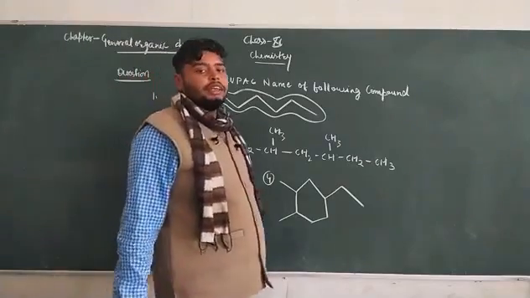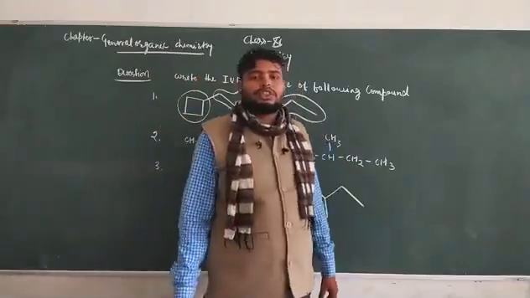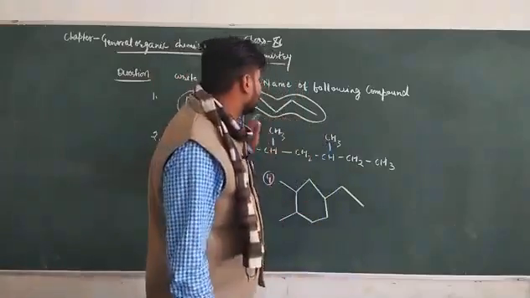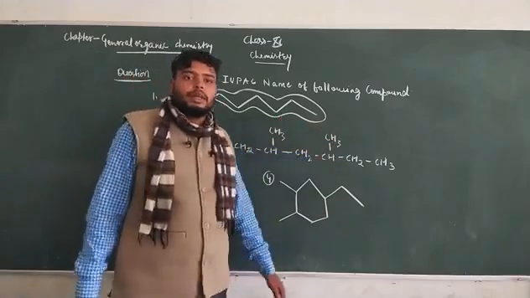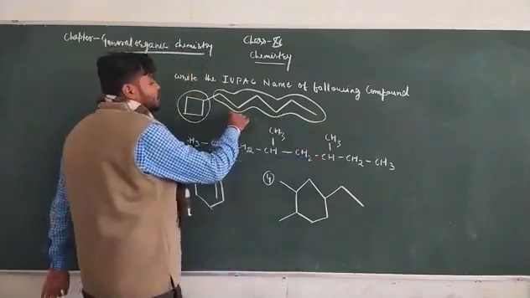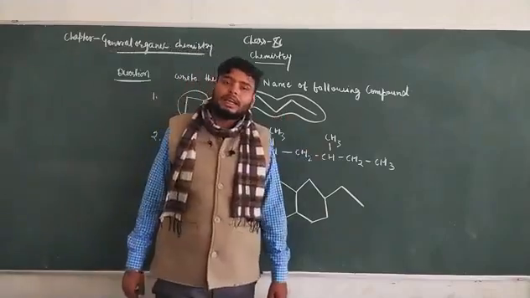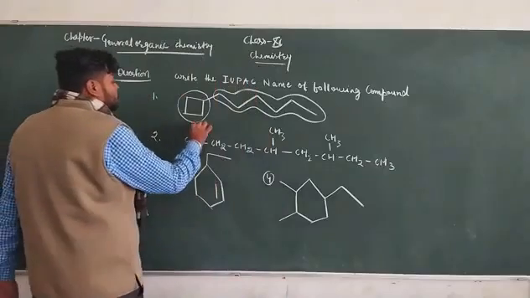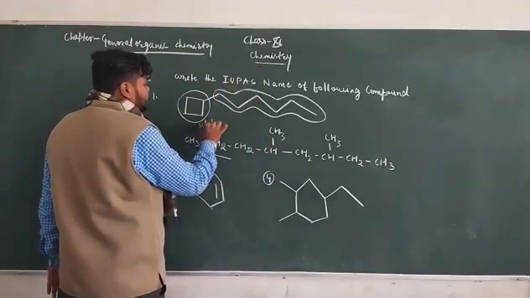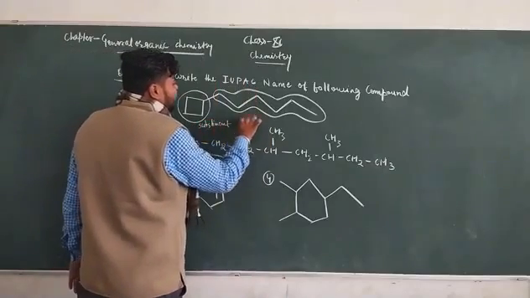As we discussed in terms of cyclic structures, when the side chain or any cyclic chain contains more carbon, the parent chain is selected as the cyclic one, and the cyclic structure is termed as a substituent. That means this is the substituent, and this is our parent chain.